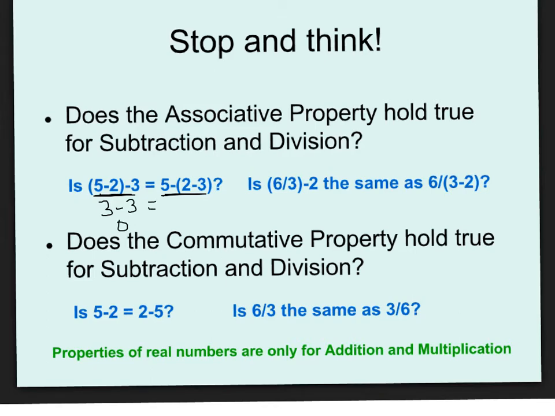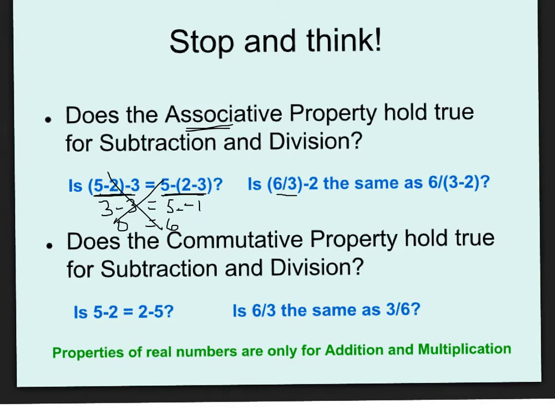Let's look over here. Let's do the parentheses first. 2 minus 3 is negative 1. And 5 subtracting a negative 1 is going to be 6, because keep, change, change. So the associative property does not apply to subtraction. Let's see if it applies to division.